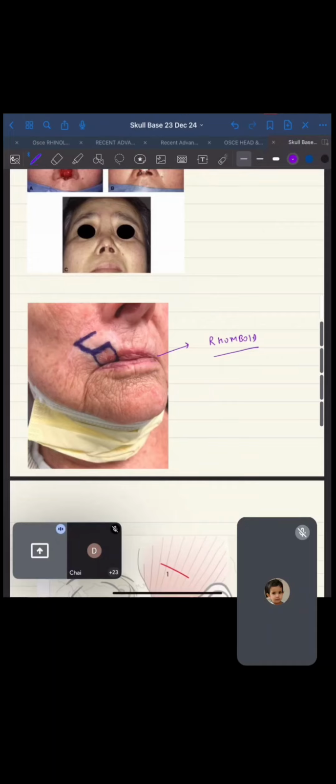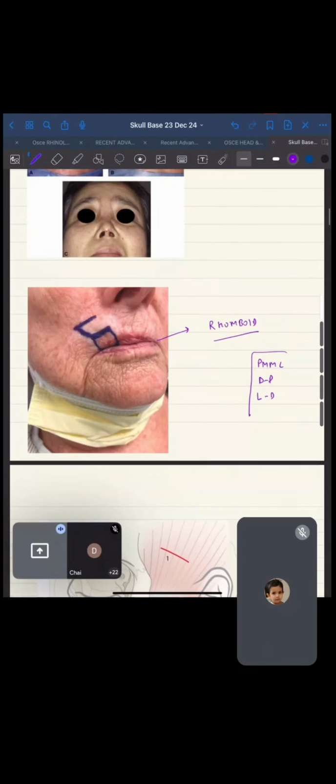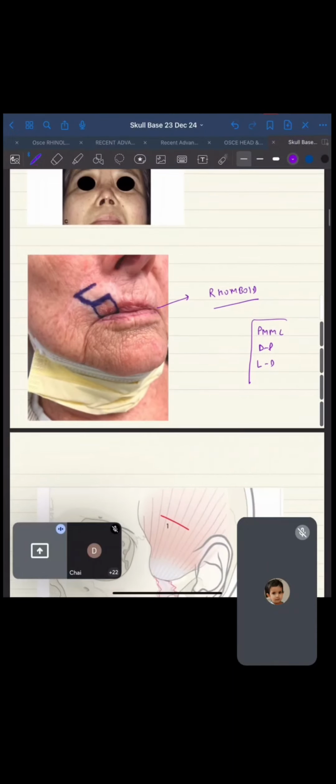Basically, 3 flaps are important for us: PMMC, TP, and latissimus dorsi flap. Since the theory things are over, it's not that you have to revise where the marking of the PMMC is done and how to elevate it and all those things. They will ask you to identify the flap.